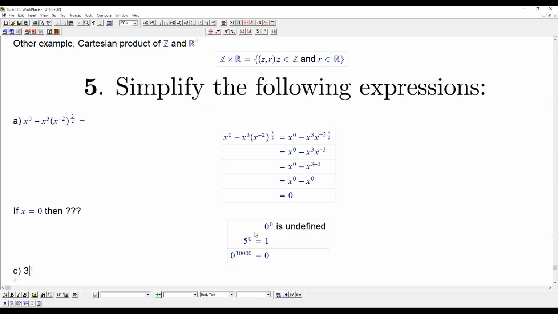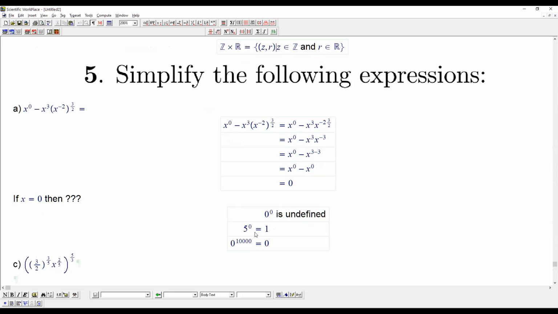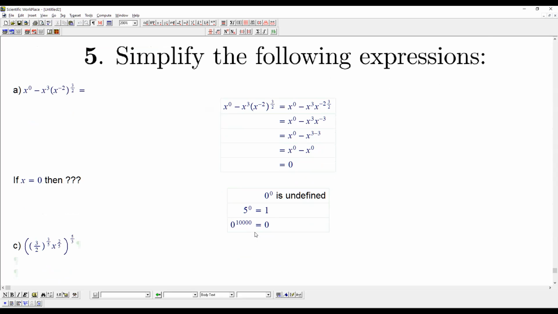So 3 halves to the 3/5 times x to the 2/5, all to the 5/3. Somebody has an idea about this? Yeah, we have only 5 minutes, so I guess I can give you 3 minutes, and then I can do it in 2 minutes.